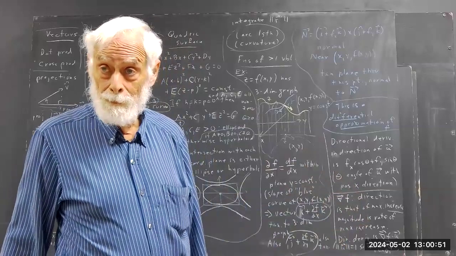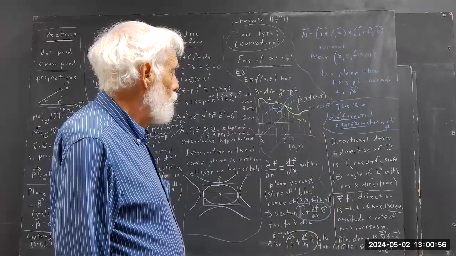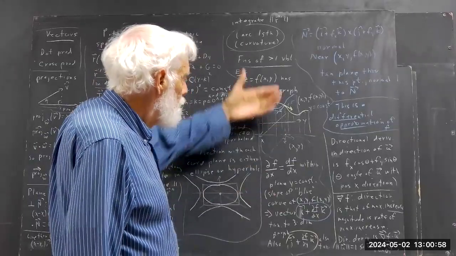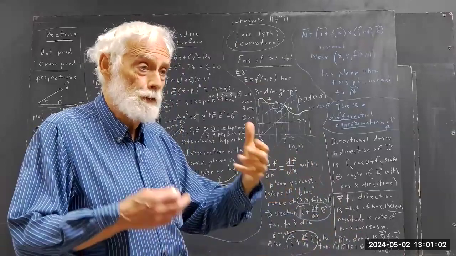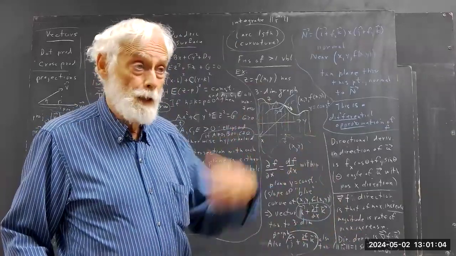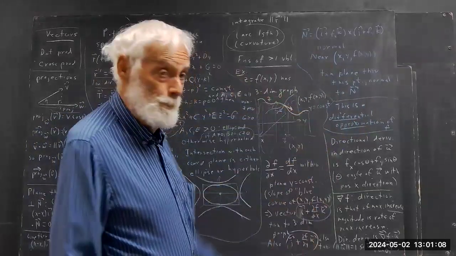But this curve has an equation, a formula. You just take f of x, y, and wherever your x coordinate is where you cut it, you replace x with that number, and now you just have a function of y. You can take its derivative with respect to y and get the slope here.